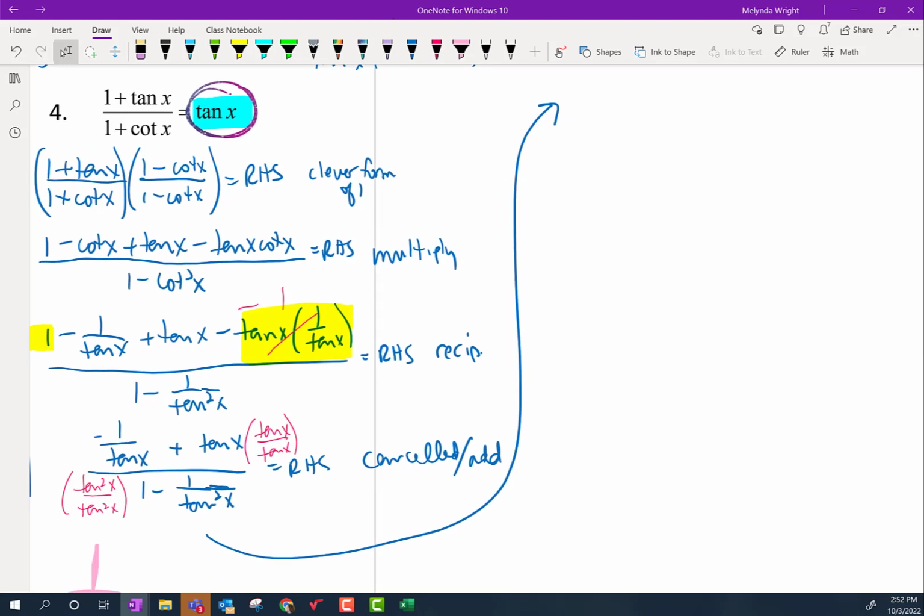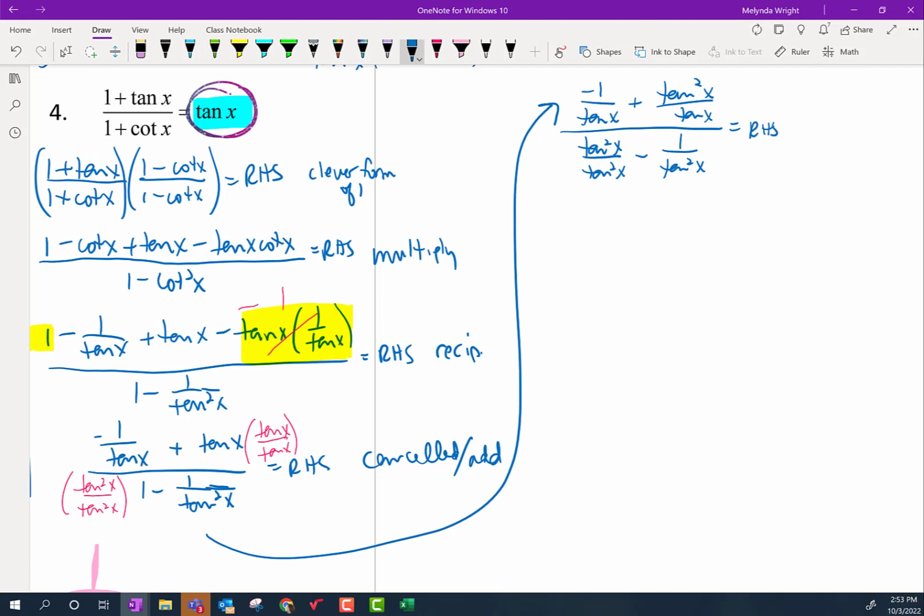All right, so I wrote out my work. Now I'm going to do it. So I have negative 1 over tangent x plus tangent squared x over tangent squared x, minus 1 over tangent squared x equals right-hand side.